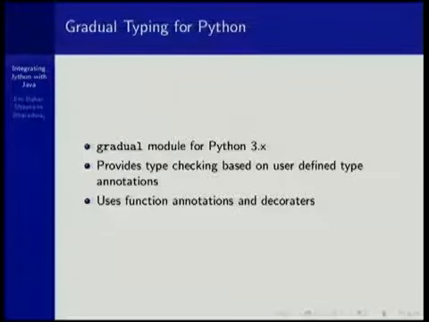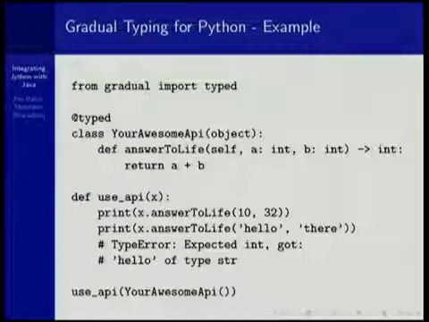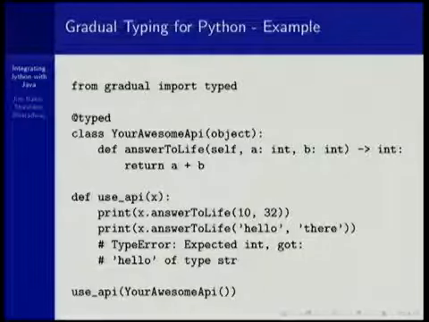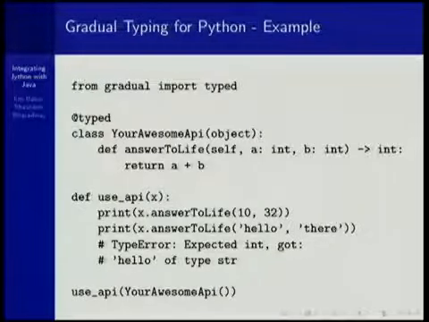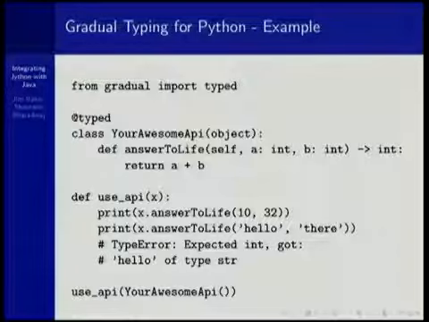What it basically provides is type checking for your code, and you can now have statically typed parts of Python code which can be checked at runtime so that you don't have to do this checking yourself. So here's an example.